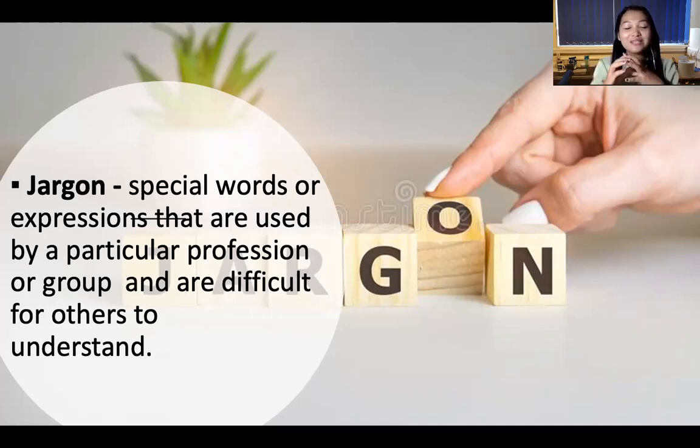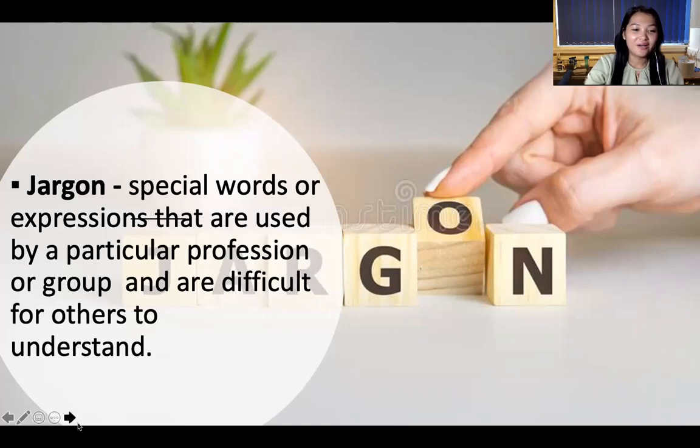Meaning to say, if you ask doctors about these specific words, they may not be able to understand them. Why? It's because these words are special words, which we call jargon, and only these particular people can understand this jargon.